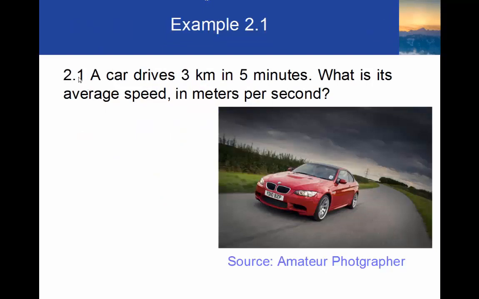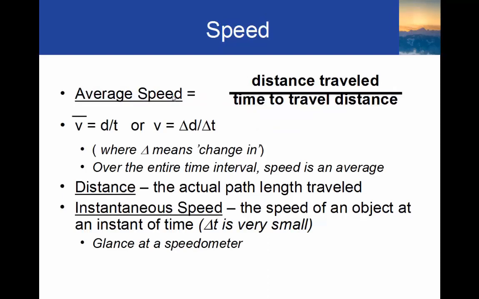In our first example, we have a car which drives 3 kilometers in 5 minutes, and what we want to know is what is the average speed in meters per second. Recall that to find the average speed, you can use the distance traveled and divide it by the time to travel that distance. So this is from our notes on speed. Distance is the actual path length traveled.